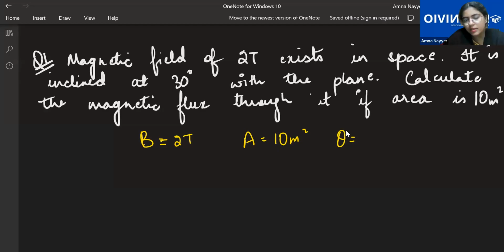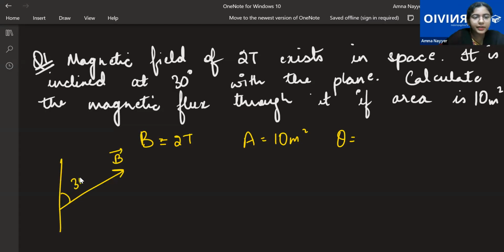Can anyone tell me what is the angle which I should put? What's the angle given? What do you think should come? Correct, Ali. Very good. 60 degree. See, 30 degree, this is the magnetic field, this is the plane.